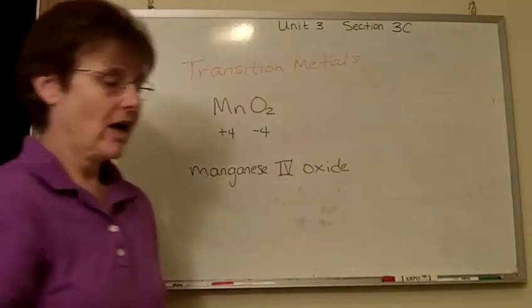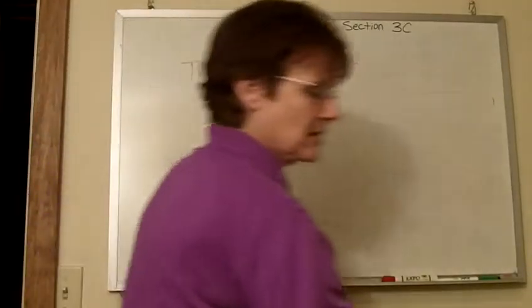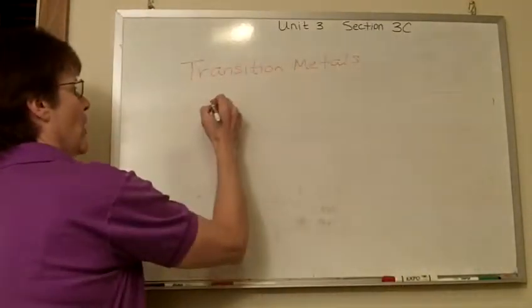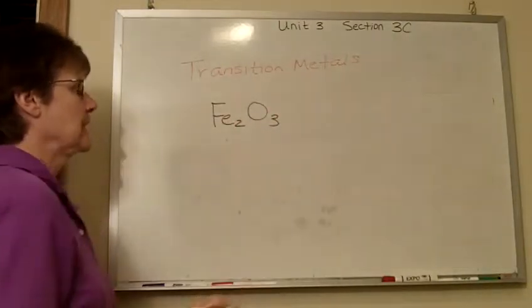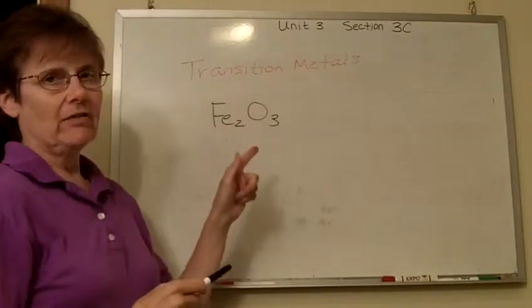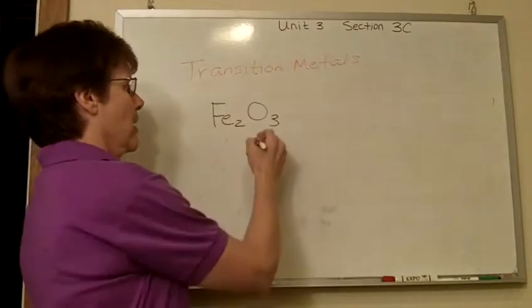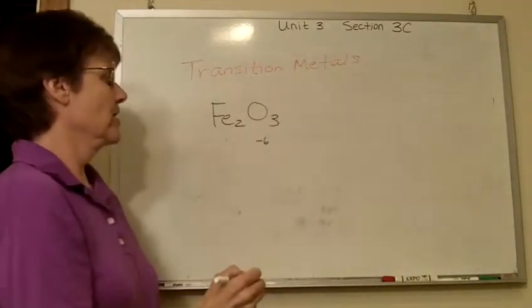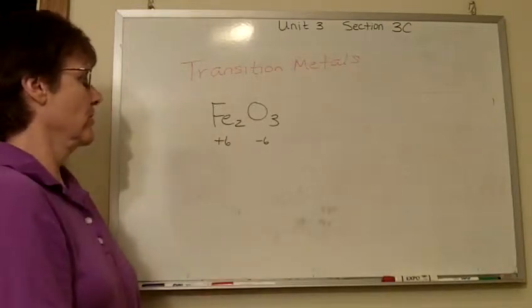Now let's go back to iron. This is the formula for rust, Fe2O3. So each oxygen has a -2 charge. There are 3 oxygens, so that means I've got a -6 altogether. So that must mean I have a +6 altogether over here.